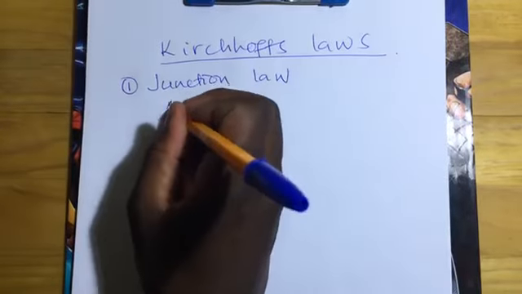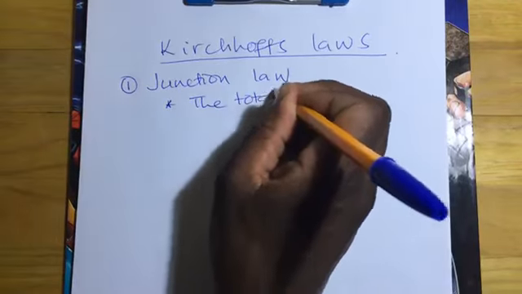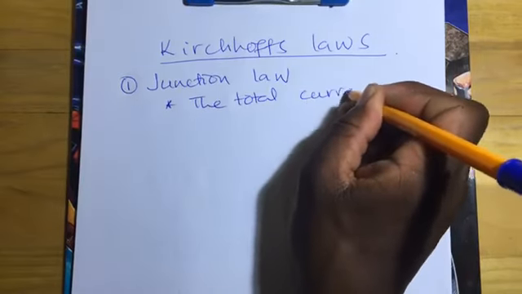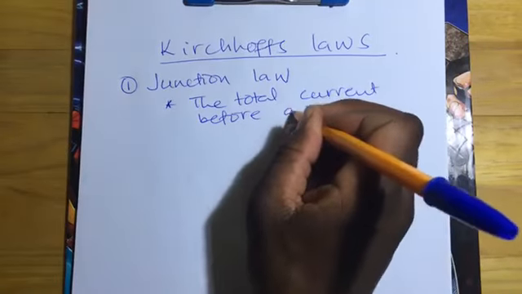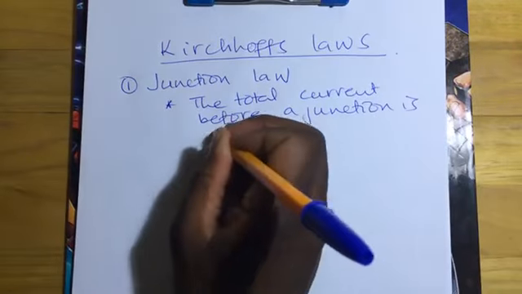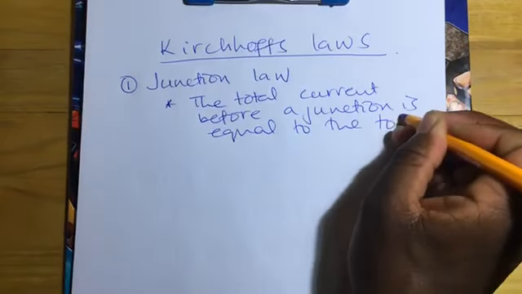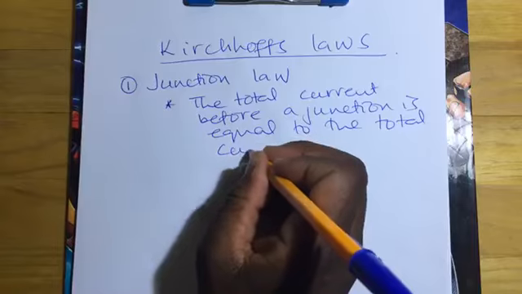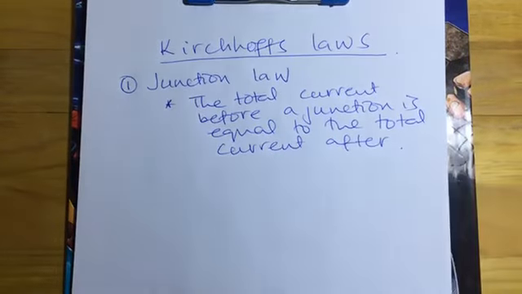This states that the total current before a junction is equal to the total current after the junction.